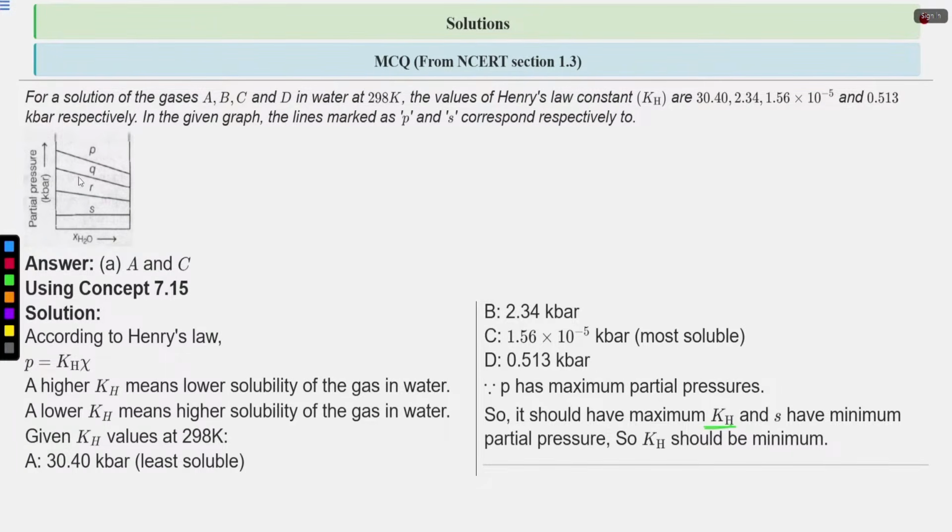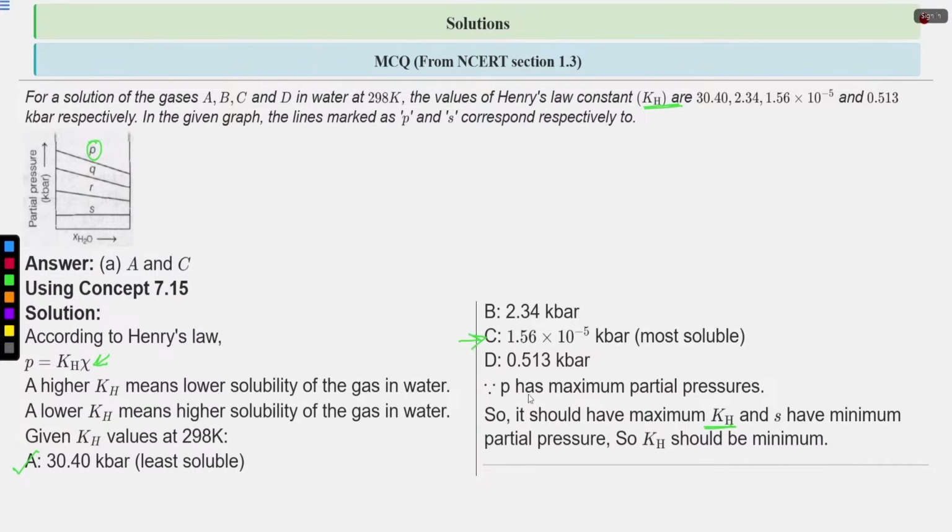Also, in kilobars on the y-axis we have the partial pressure, and the KH values are also given like 30.40, 2.34, and so on. So the highest KH is for gas A, and the highest partial pressure is for the P line. The S line has the lowest partial pressure, which is for gas C. If X remains constant, you can consider that partial pressure is directly related to the KH value. KH is higher, that means partial pressure is higher.